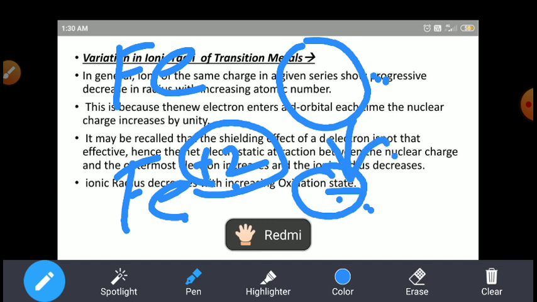So ions have a small size as compared to the respective atoms, because ions contain fewer electrons than atoms. So ions experience more nuclear charge and less shielding effect.